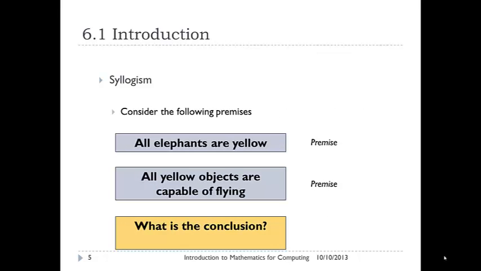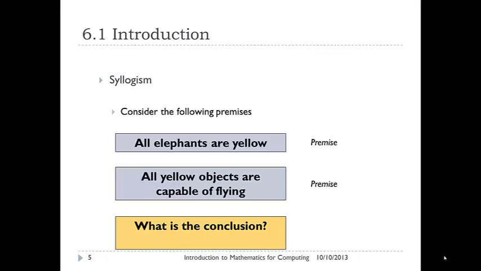Let's take another example. In this case again we have two premises. The first premise, all elephants are yellow, and the second premise, all yellow objects are capable of flying. Now, for the sake of argument, we are assuming that the premises in this case are true. So I am assuming, for my argument, that all elephants are yellow.